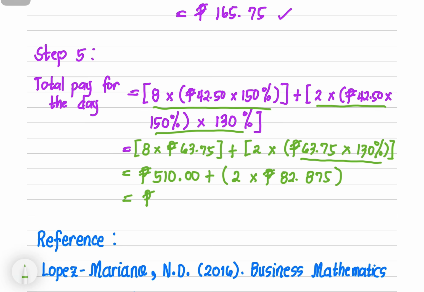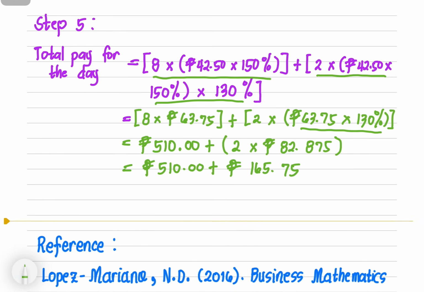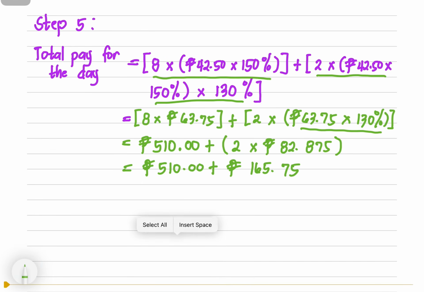So, 510 plus 2 times 82.875 equals 165.75. So, kapag inadd natin to class, yung dalawa, magiging, very good, 675.75 pesos. So, ito yung total pay for that day.